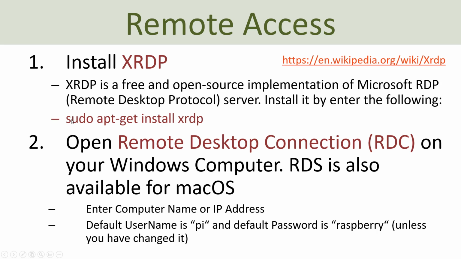So you install it just using this command in the terminal window on the Raspberry Pi operating system. Then you can open your remote desktop connection on your desktop Windows computer, or if you have a Mac computer, this remote desktop connection is also available for Mac OS.